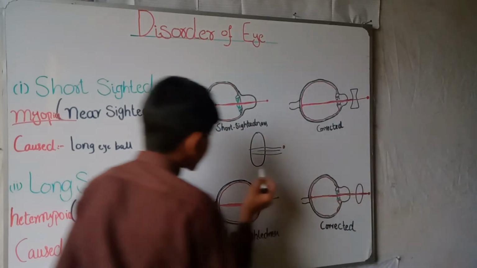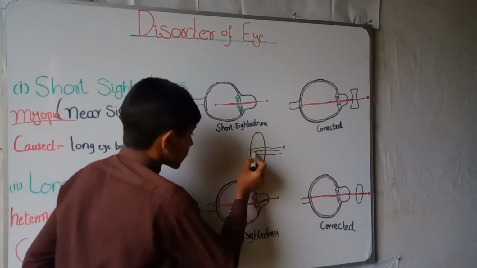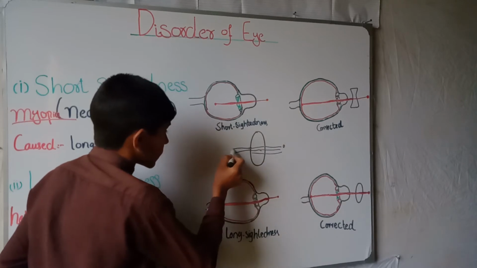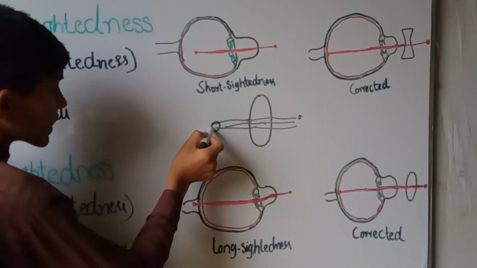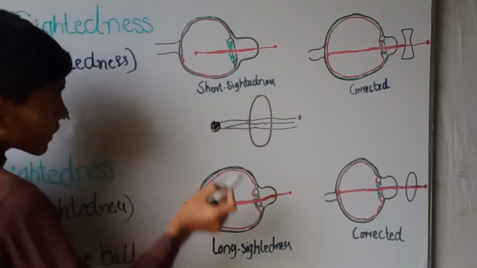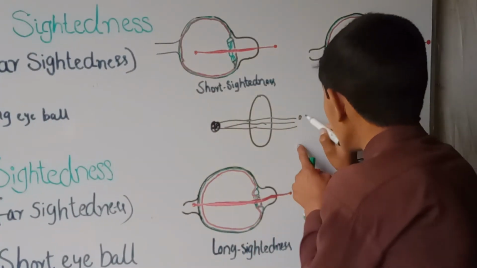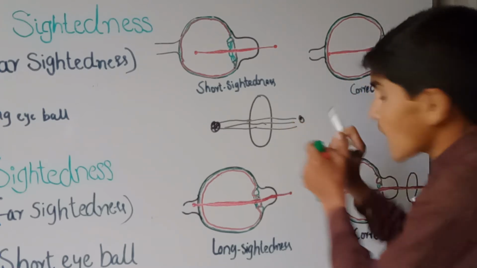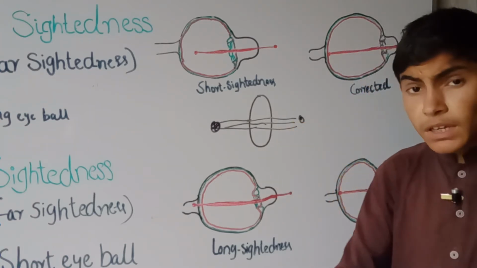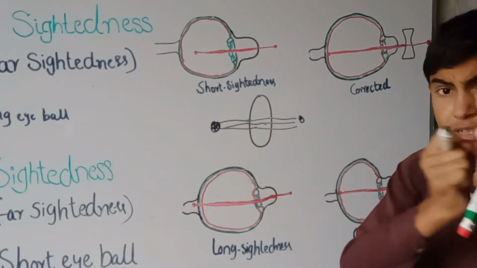The convex lens directly converges these light rays to a point. Before this, when the light ray was coming from this point, it was diverged.